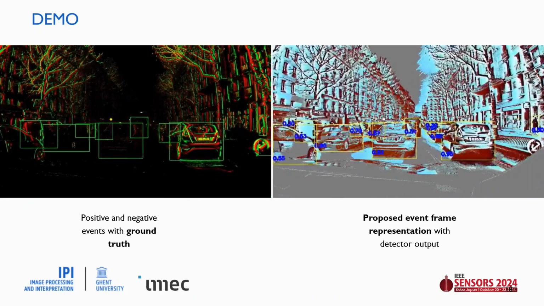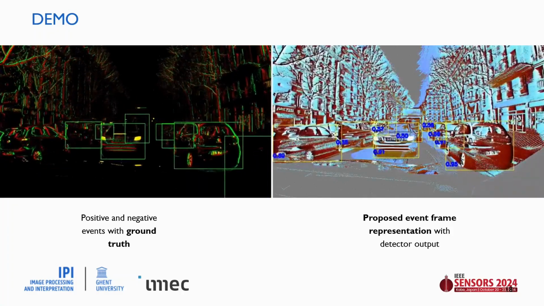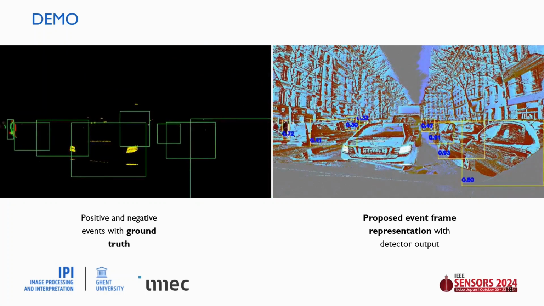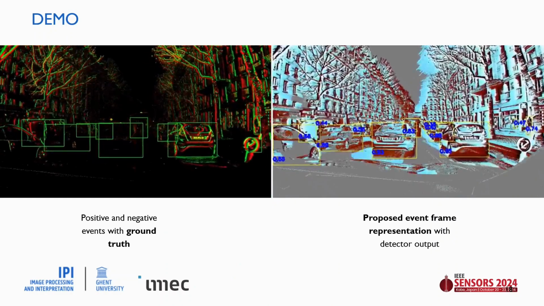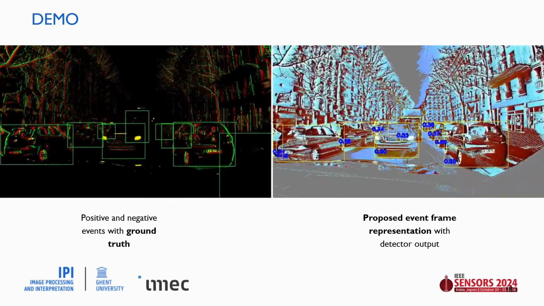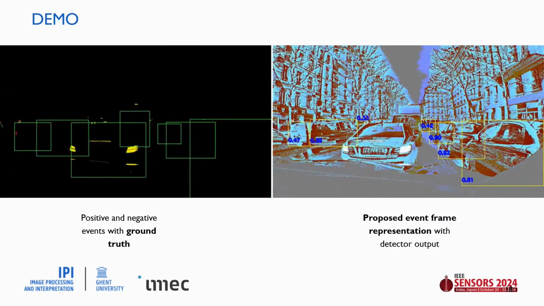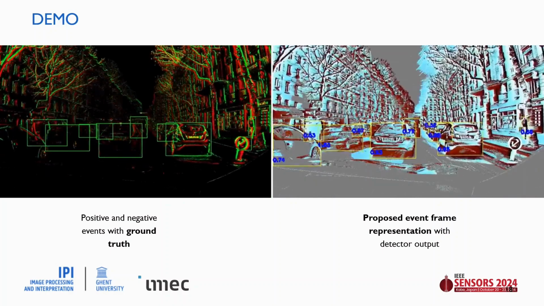So you see then on the right the result of the object detector on our event frame representation, and you see that the cars that are here parked, even though there are no events registered, they are still being detected. I also took this example because you see that the car in front is actually not being detected, although these here are. So I guess, for example, here the lights of the car still confuse it somehow. This is something that can be still optimized, I guess, in the future.